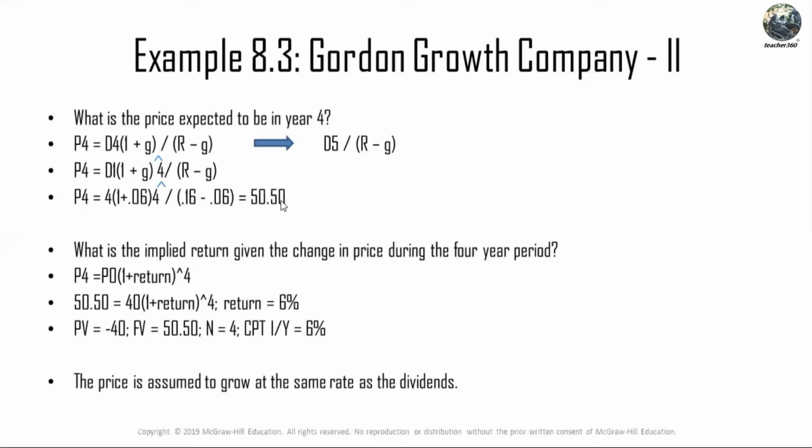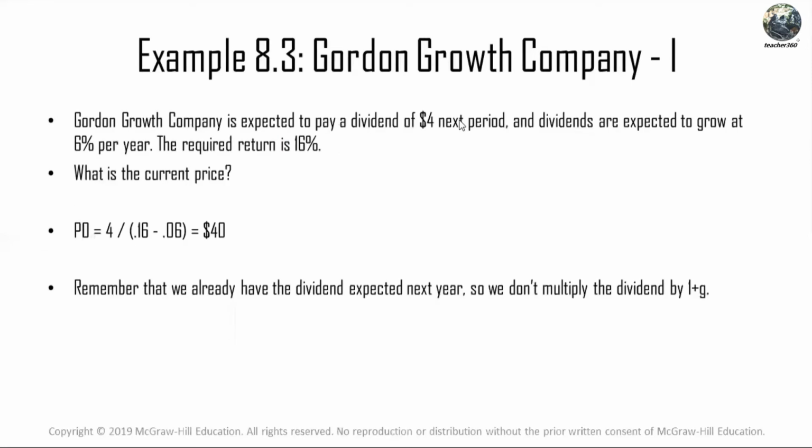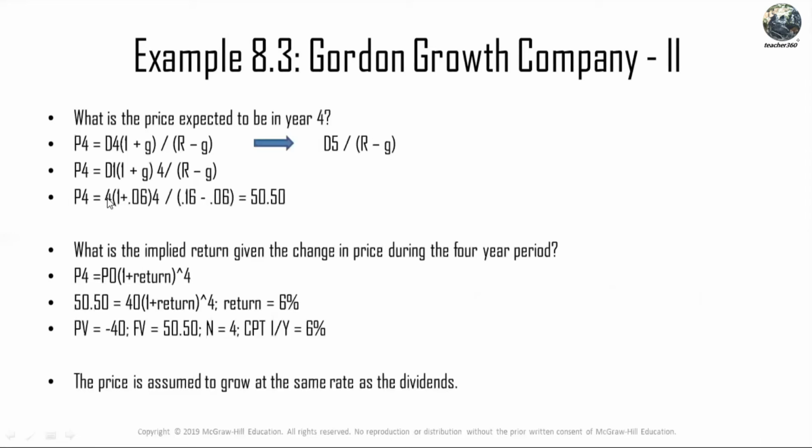Since we have only the year 1 dividend, to find the price of year 4, we put the year 1 dividend and raise it by the power of 4 to find the dividend in year 5.